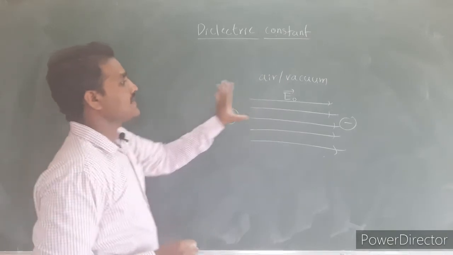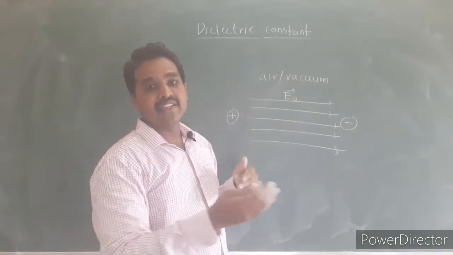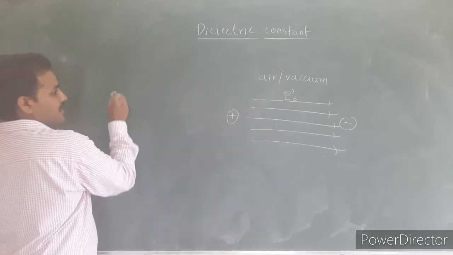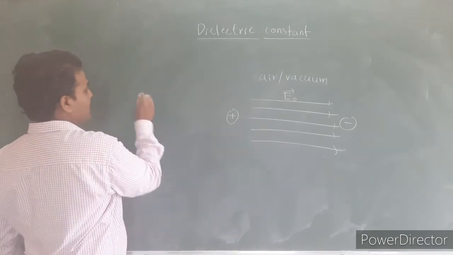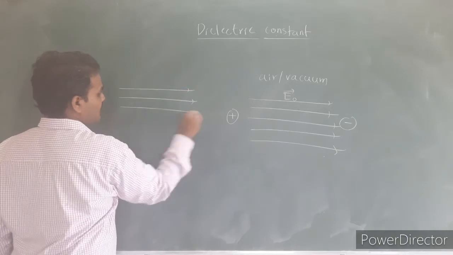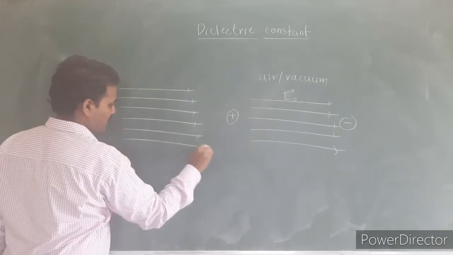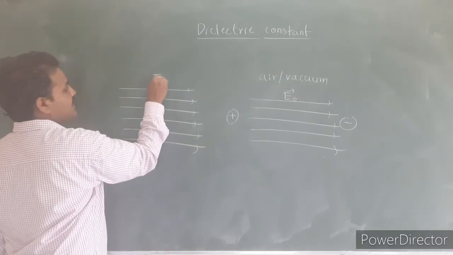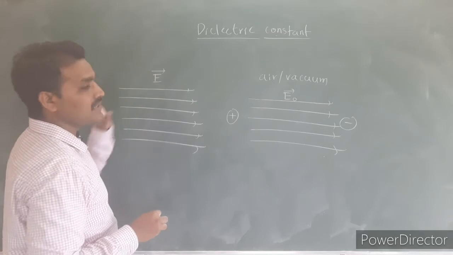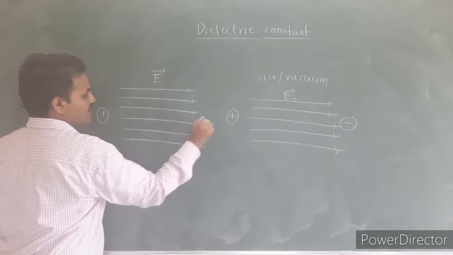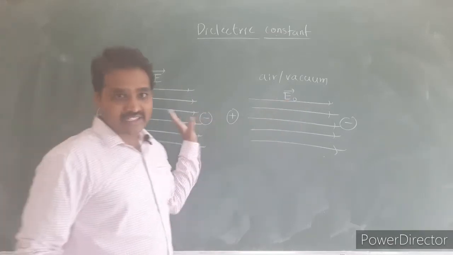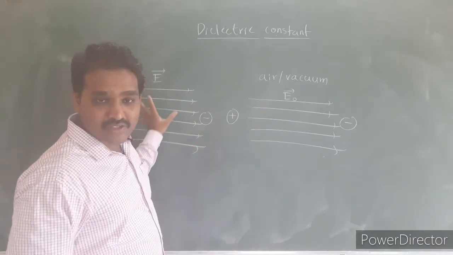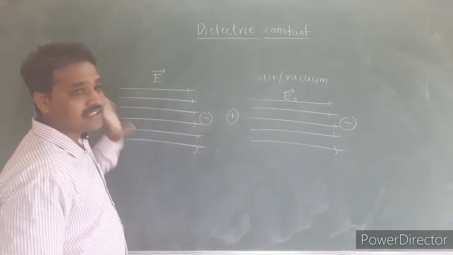Okay, when the same air or vacuum medium is replaced by some other dielectric medium like glass or transformer oil, let us consider if I have some other medium other than air or vacuum, the electric field intensity induced, let it be capital E. Okay, I am using same electric field, the strength of the electric field is not changing, but the intensity produced because of the difference in the medium, let it be capital E here.